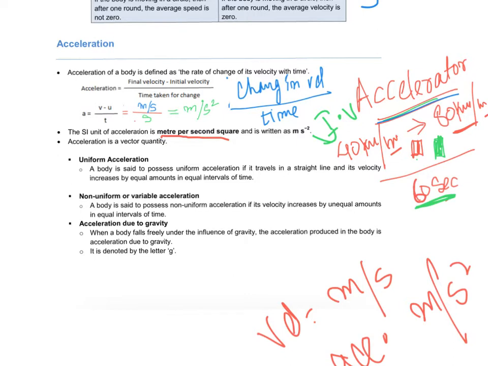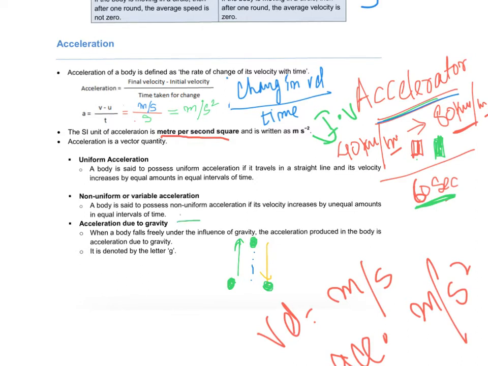And third is acceleration due to gravity. We can see this when we throw a ball in an upward direction. What happens? The ball travels for some time, then it stops, and then it starts falling again and comes to its initial position. Why is this ball falling down?